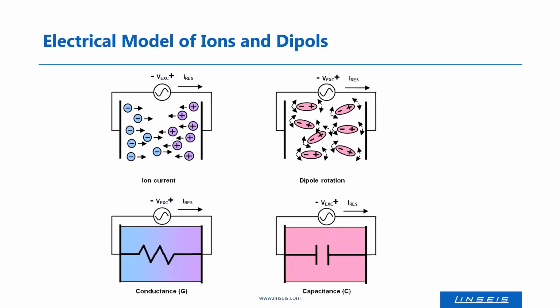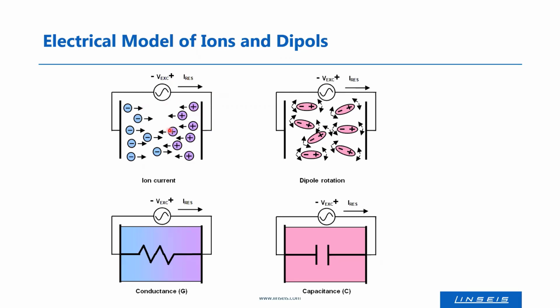When we look at an electrical model, then we have these two effects illustrated here. So we have two electrodes. We apply an alternating voltage, an excitation voltage, and as a result, we also obtain an alternating current.